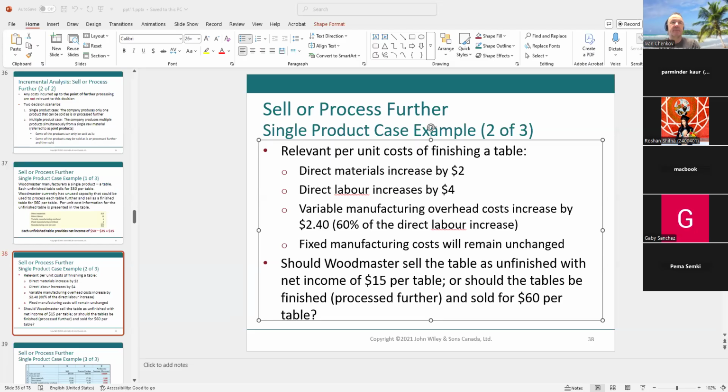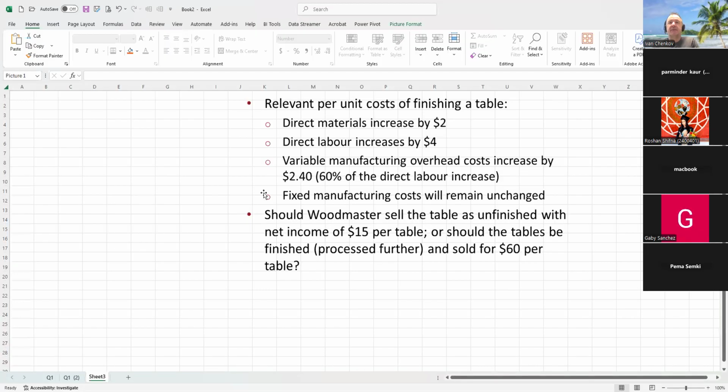Just give me a second to do some modification here on the Excel spreadsheet, and I'm gonna show you this Excel spreadsheet. Okay, this is what we have as information.